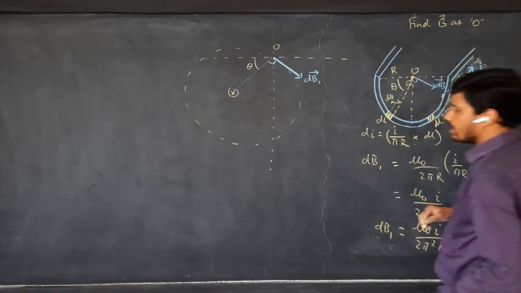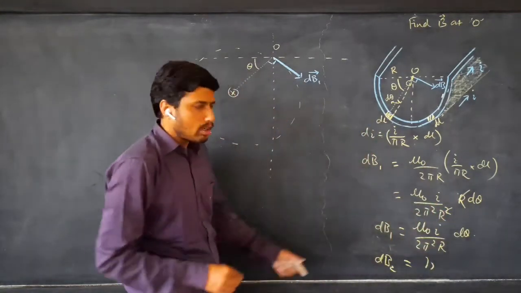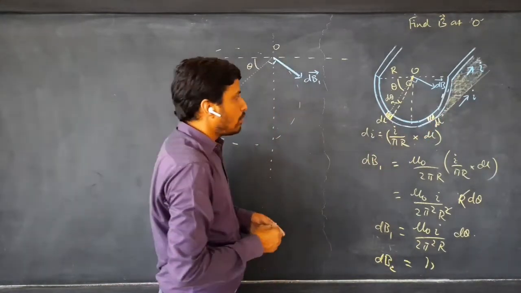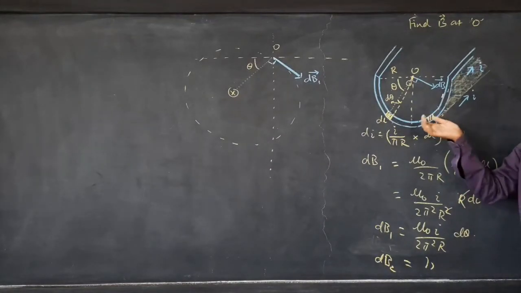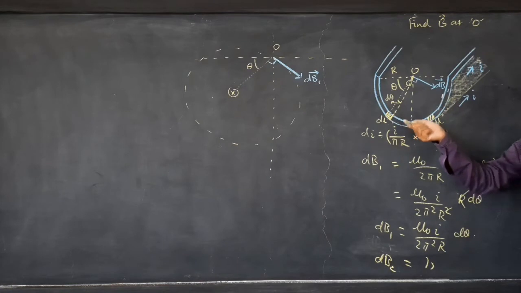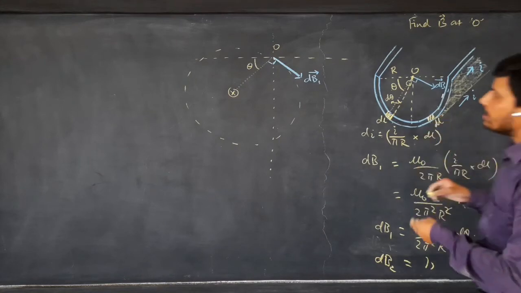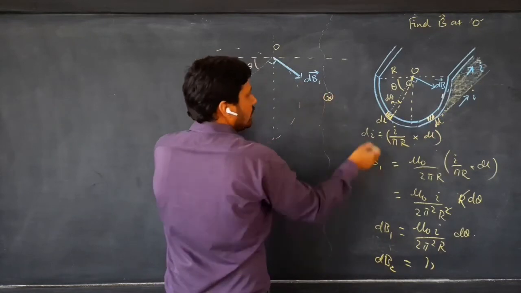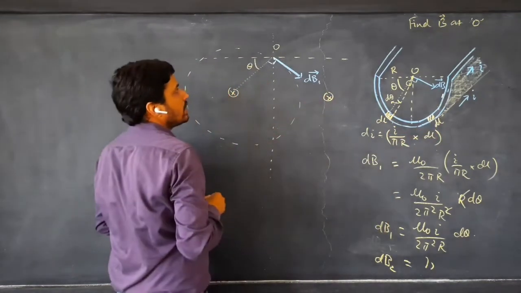So the value of magnetic field dB2 will be same as dB1, so I'm not writing it again. But for finding the direction, again we will see that the current is entering into the board. Holding it in our right palm, we'll curl our fingers in this particular direction. So that will give the pattern of magnetic field lines. Let us try to draw over here. This element was this one, this element is this one. Due to this, the magnetic field I'll write as dB2.